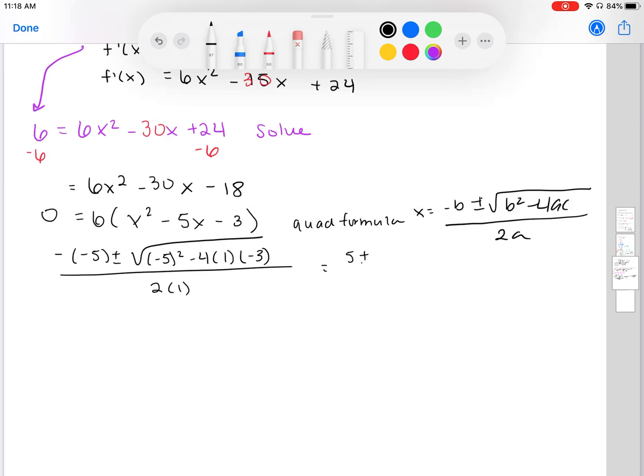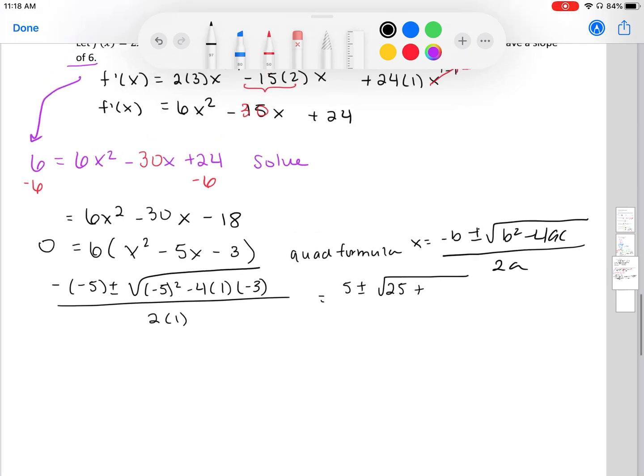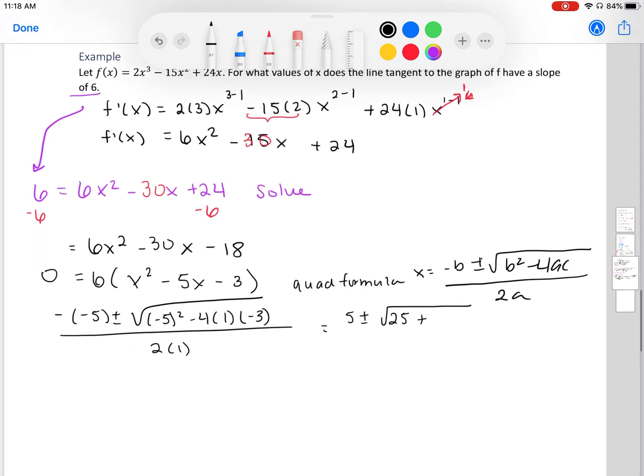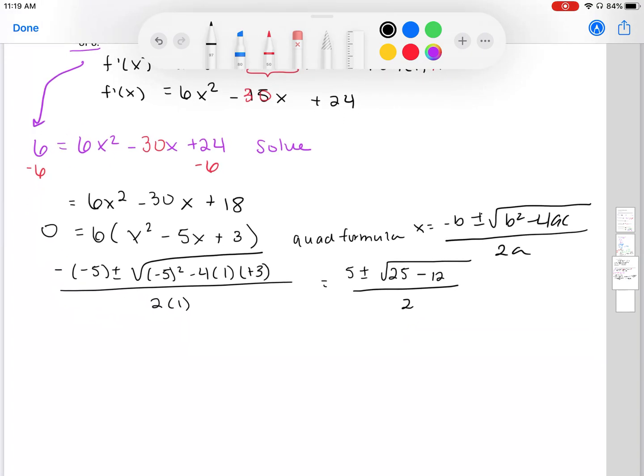So you get 5 plus or minus the square root of 25 plus, did I make that? I randomly made that a negative, so it's always a plus 12.